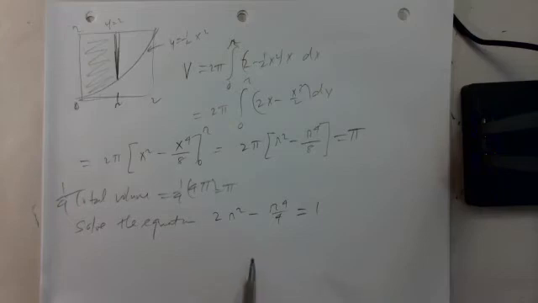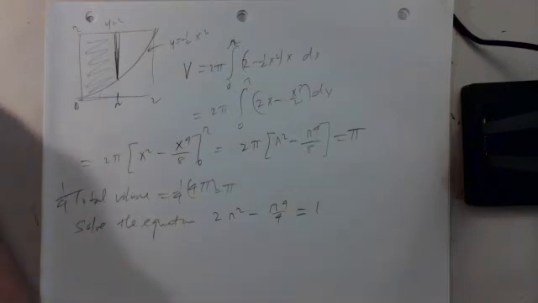So it looks like if we can solve this equation for r, we have the answer. Okay. Are there any questions about this? I mean, there's a certain amount of pure thinking that goes into this.